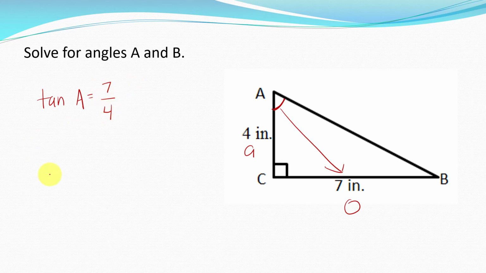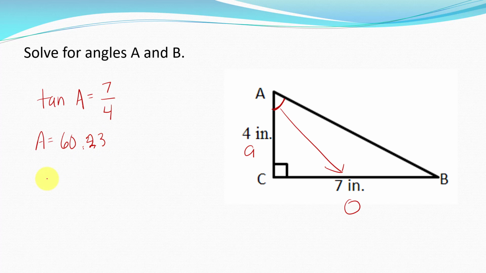All right, so I'm going to enter 7 divided by 4. Then I'm going to hit my inverse and then my tangent key. And when you do that, you will get an angle A, which is 60.2551. I'll just round it, which would really be 60.3 degrees.